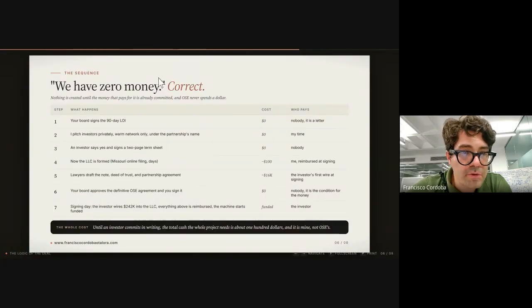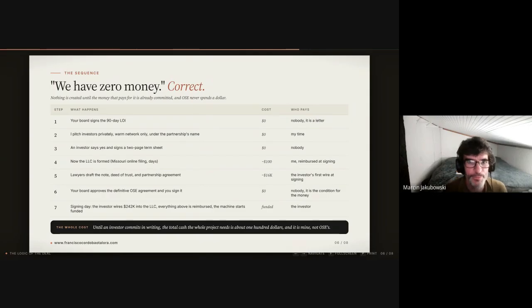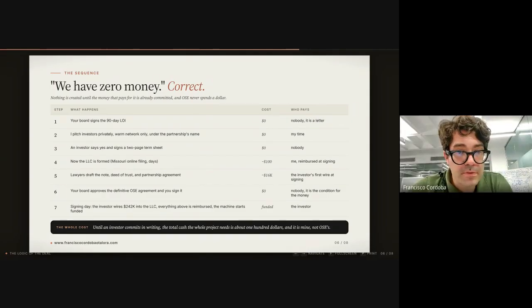And this is like a process. So we can start with LOI. Walk me through this. Yeah, so this is the process. I was thinking that we sign an LOI just between OSE and me.